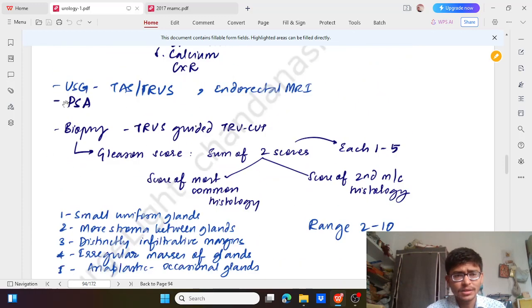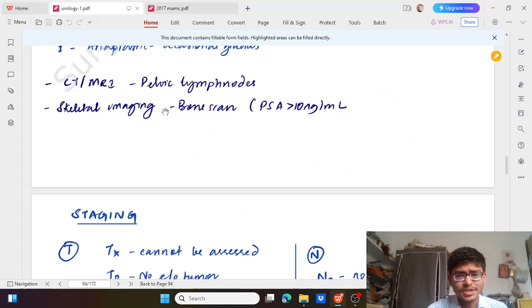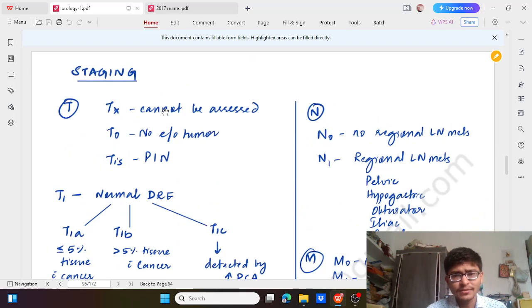PSA is prostate specific antigen, though it is not prostate specific cancer, but PSA more than 20 nanogram per ml is diagnostic of prostate cancer, and PSA velocity of more than 0.75 nanogram per ml per year is also diagnostic of prostate cancer. We'll see that in more detail in further classes.